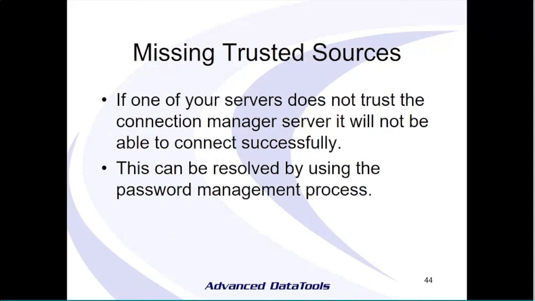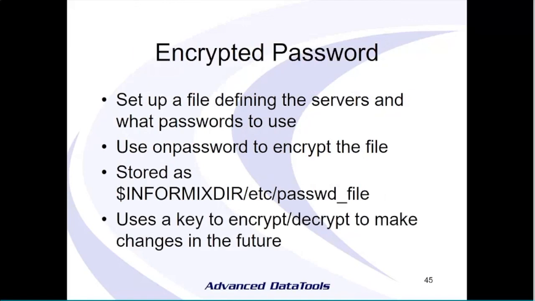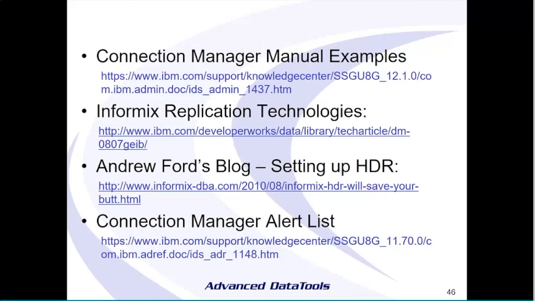There's rhost, host-equiv, or the new REMOTE_SERVER_CFG variable that was added in version 12 that lets you use a separate file of potential trusted hosts. Again, you can use onpassword if you need to encrypt the file. There are a lot of guides to setting this up. You can use this to trust systems without having to do the old rhost type trusting.